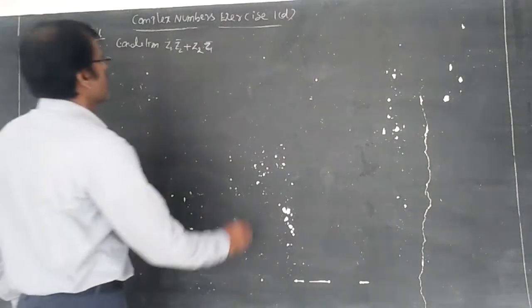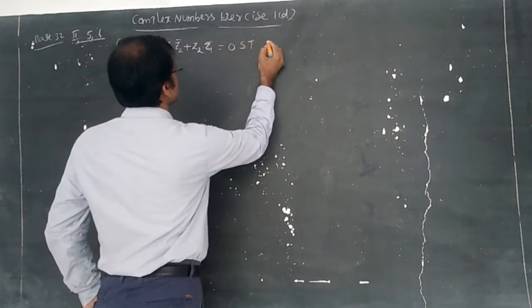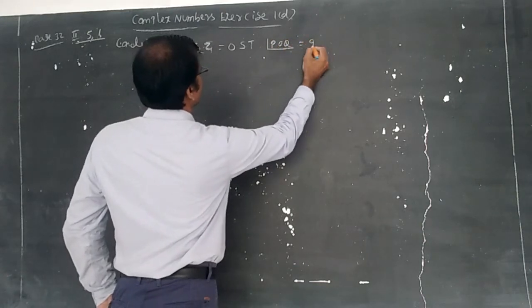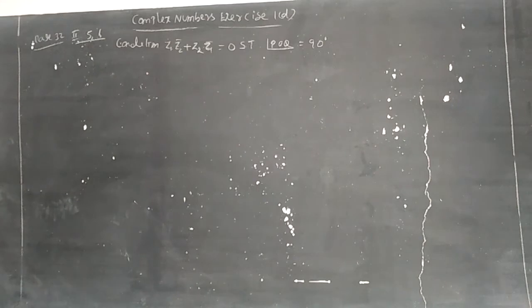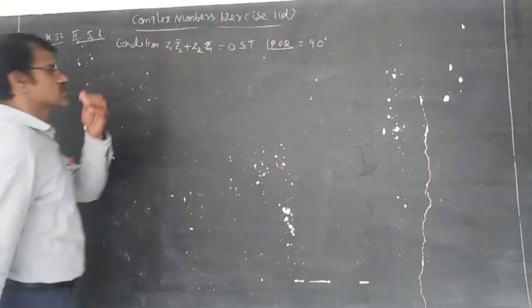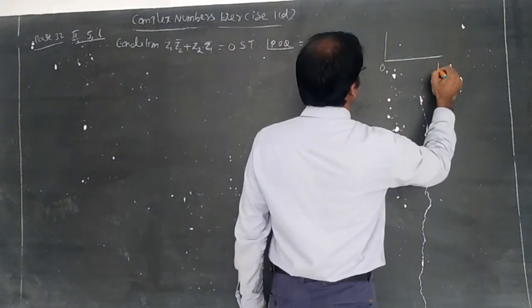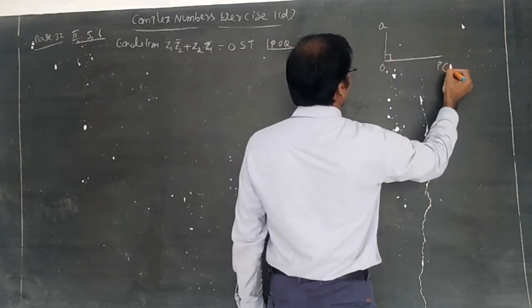If P, Q are the representations of complex numbers Z1, Z2, that is, P and Q are the complex numbers representing Z1 and Z2 in the Argand diagram. So let us draw the diagram. Put here O, this is P, this is Q. Angle POQ is 90 degrees, we need to calculate.